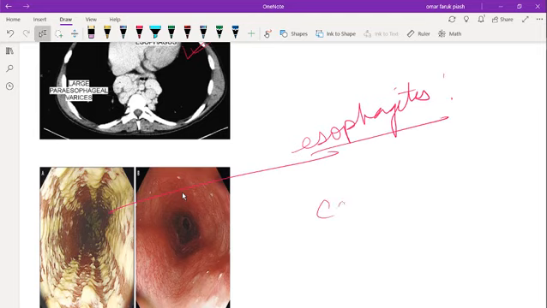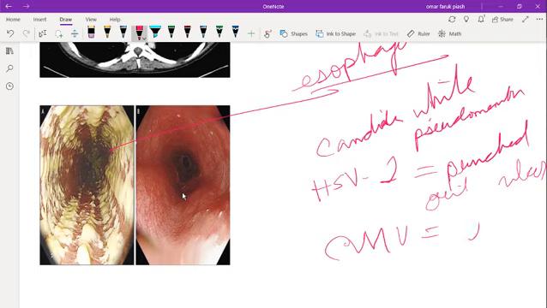And if it is caused by other causes like CMV, it causes linear ulcer. You have to remember these three things: in CMV there is linear ulcer, in HSV there is punched out ulcer, and in candida there is white pseudomembrane.